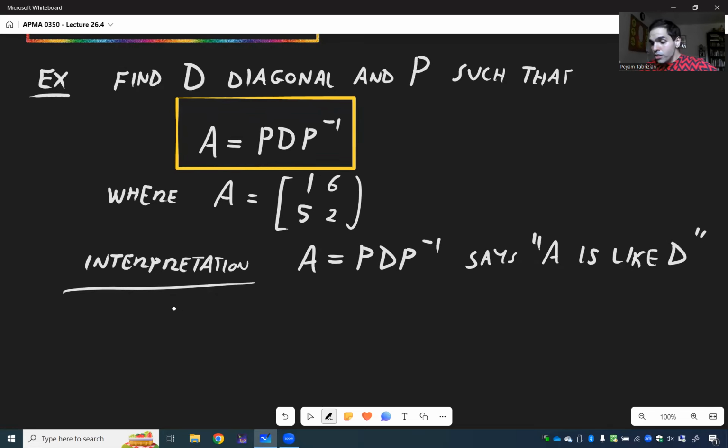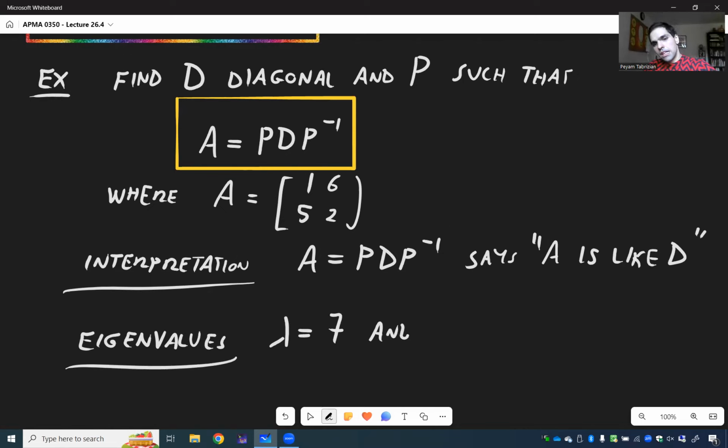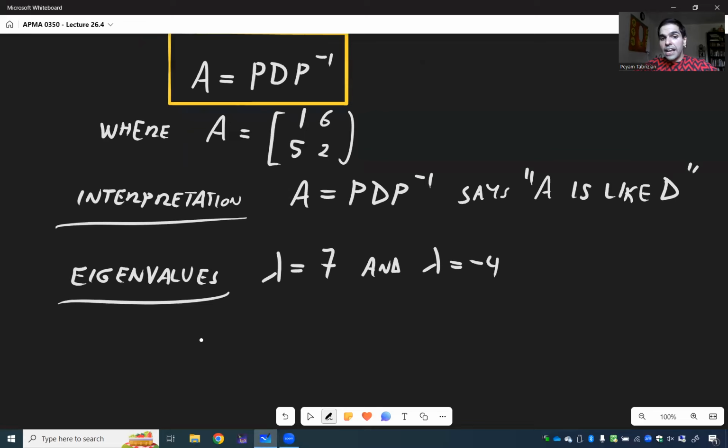All right, how do we do this? So first, let's find D, and then let's find P. So I would like to remind you, the eigenvalues are lambda equals 7 and lambda equals -4. And it turns out those will be the diagonal entries of D. So to find D, you just put 7 and -4 on the diagonals.